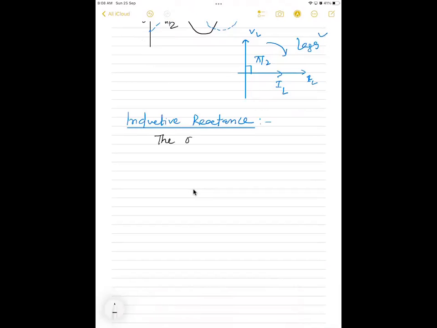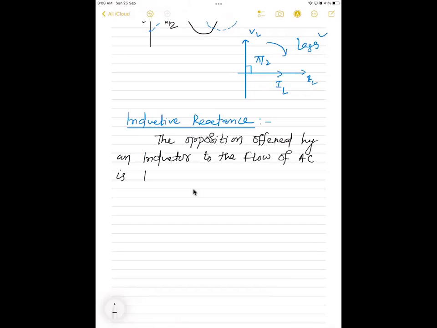The opposition offered by an inductor to the flow of AC is called inductive reactance, correct? That means it is analogous to resistance in AC, right?